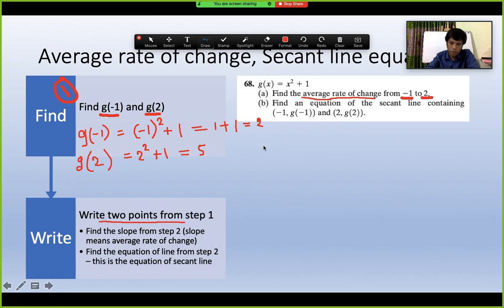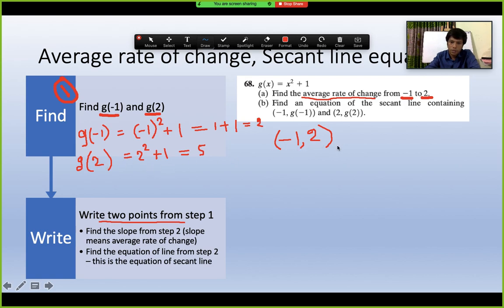How can you write 2 points? See, in this given function, if we put -1, the answer is 2. What does it mean? It means this is a point: if the x value is -1, the y value is 2.